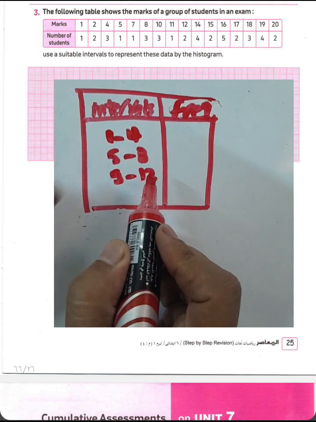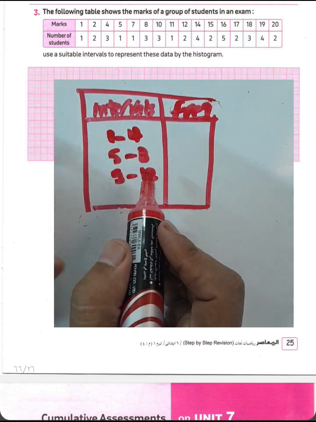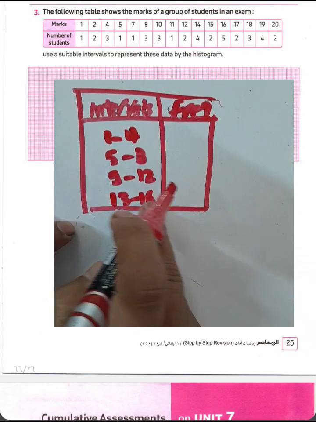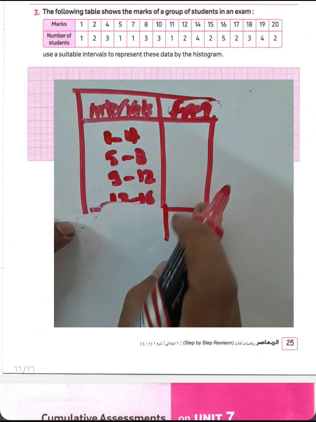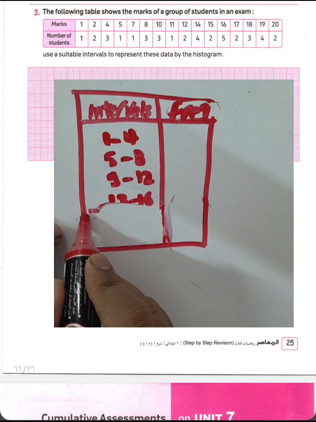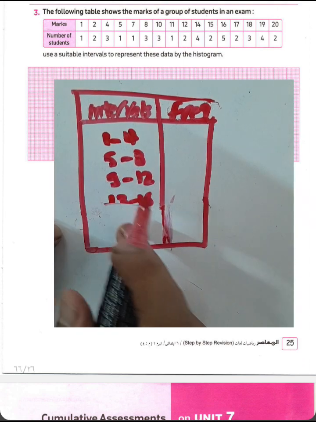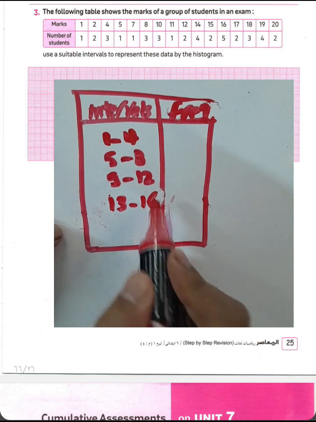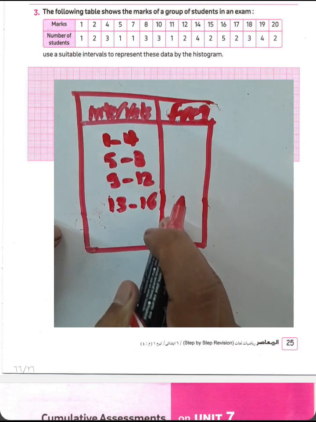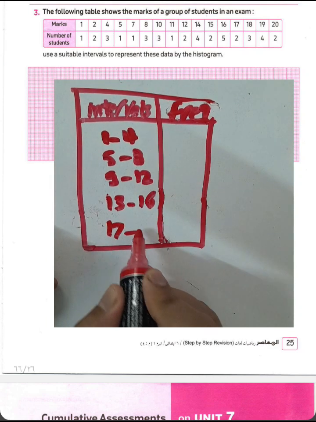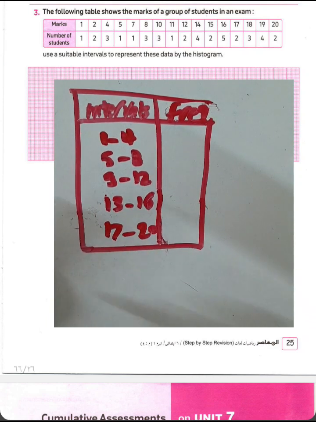I add here from 1 to 4, 8, 3, and 5 to 8, 8, 3, 9 to 12, 13 to 16. Okay, and 8 here, 17 to 20. It's the last one. And then count from 1 to 4.